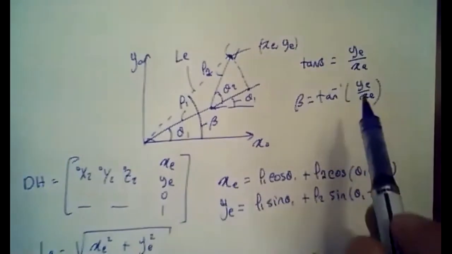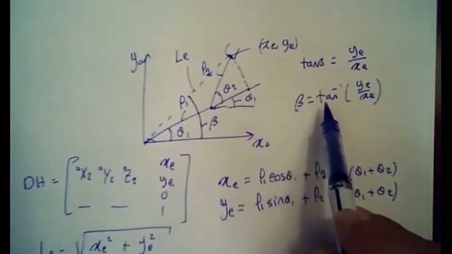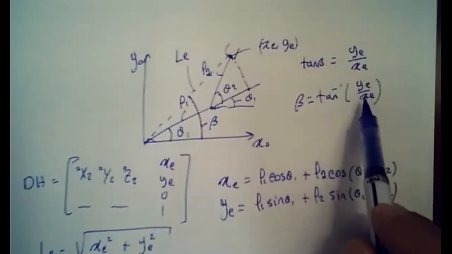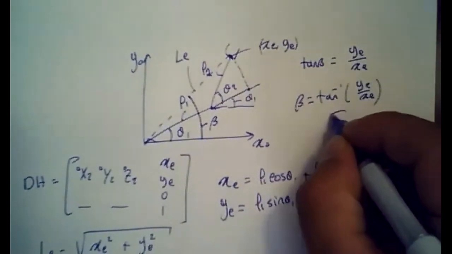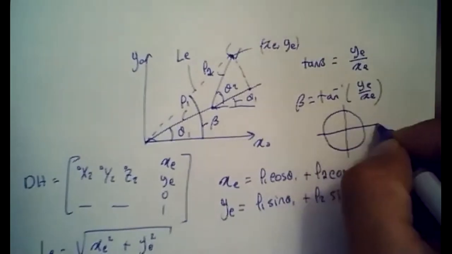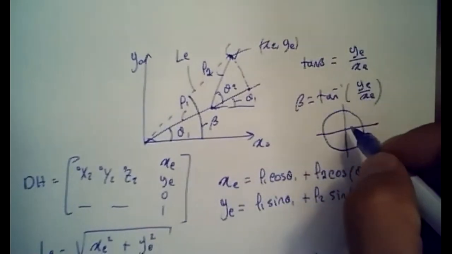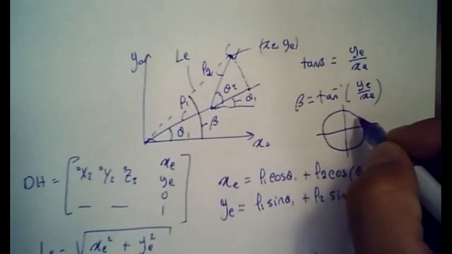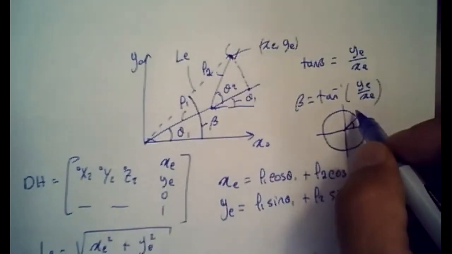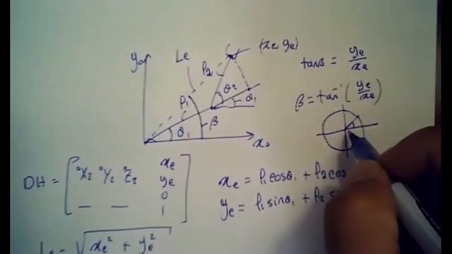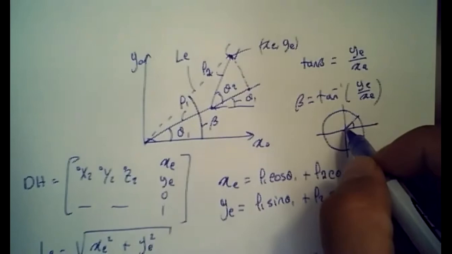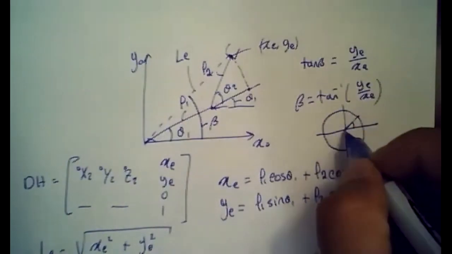All right. So the problem here is that if you are doing an inverse tangent and both of those are positive, it will return a solution in the first quadrant. If ye and xe are both positive, I know beta is going to be positive. If ye is positive and xe is negative, I'm going to be somewhere here.